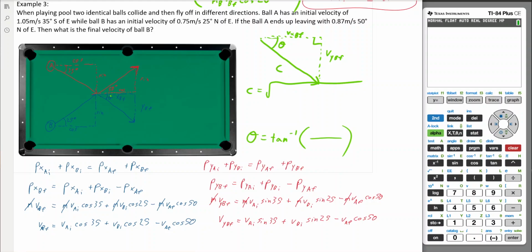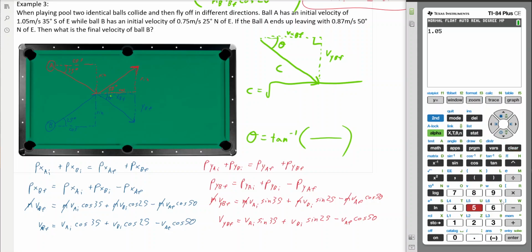Okay, so we've got VAI, which is the initial velocity for A, which is 1.05, times cos 35, plus the other initial, which is 0.75. Oh, that didn't do what I wanted. I need to close the bracket there, so plus 0.75 times cos 25 minus 1.05 times, nope, it's not going to be 1.05, it's the final.